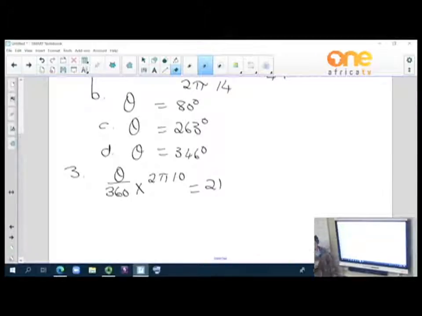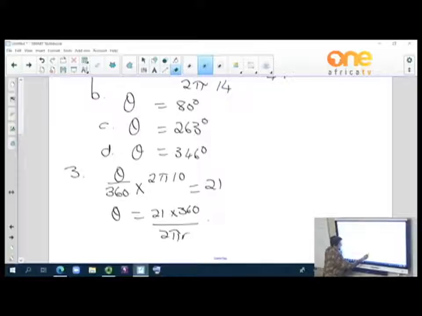So I'm using that same formula. Theta is 21 times 360, divided by 2 pi r, and what do you get? 120.3. This time they didn't say to the nearest degree, so we're back to 1 decimal place.